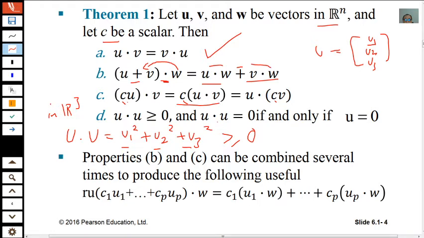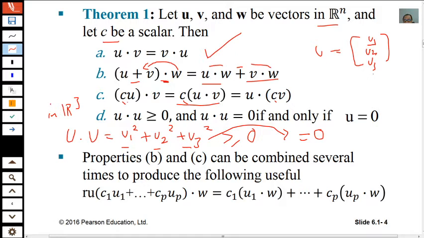If this one is equal to 0, because this is the addition of squares of numbers, to get 0, everyone has to be 0. So u1 is equal to 0, u2 and u3.